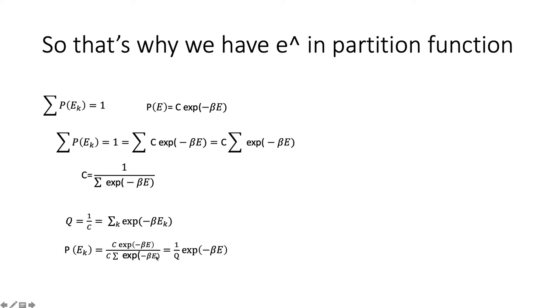So what does that give you? Well, that gives you 1 over Q, right? So this is Q, times the exponential of negative beta E.